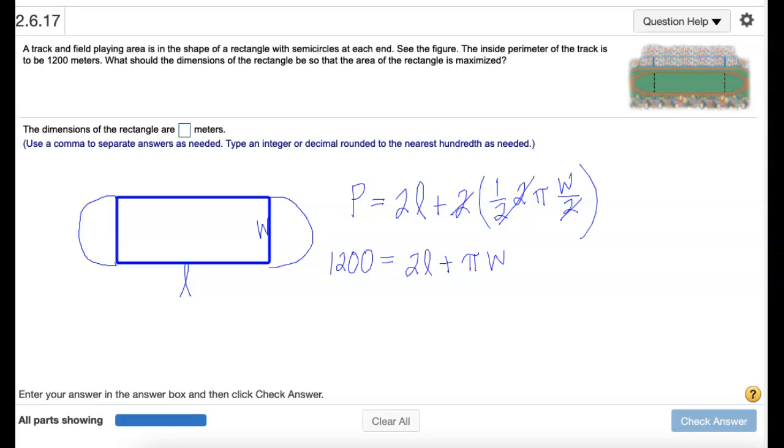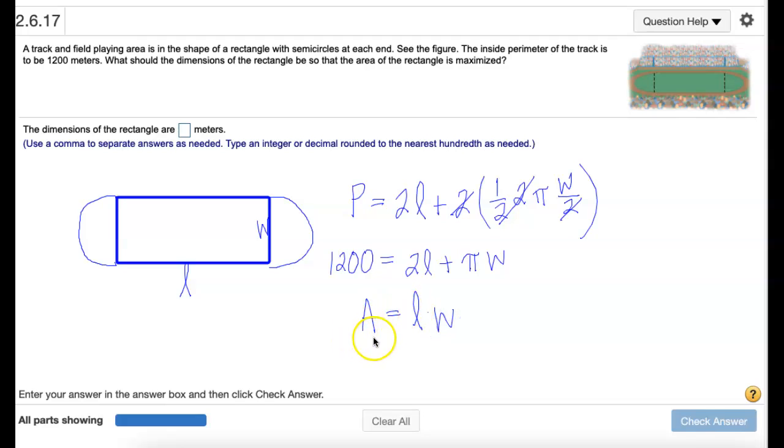So simplifying some things within this formula and substituting the value for the perimeter that we're given, we have the following equation that relates the length and width of this figure to the given perimeter. We know as well that the area of a rectangle is just length times width.